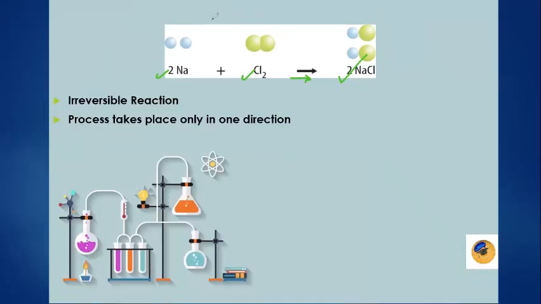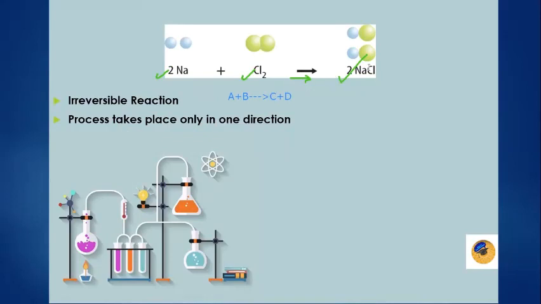We'll also look at the general equation of a reaction, that is A plus B gives C plus D. That is, reactants give products. This process takes place only in one direction, as an irreversible reaction.